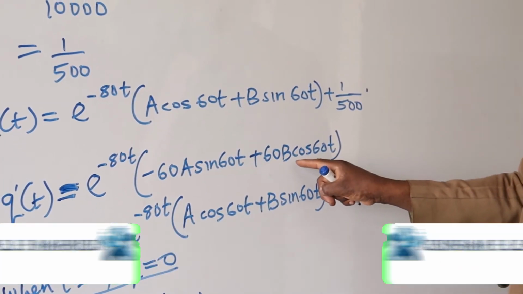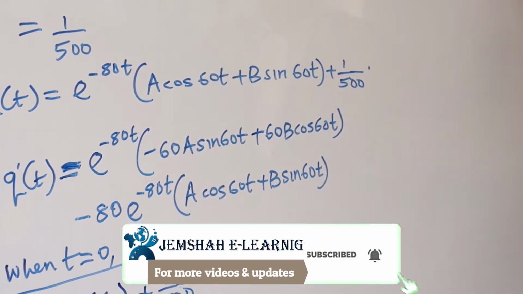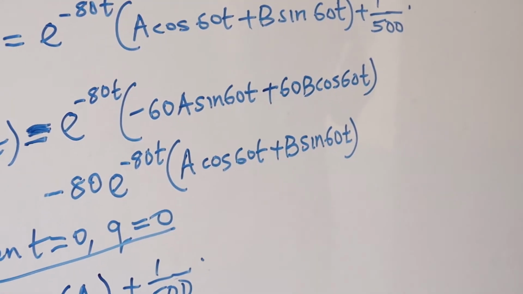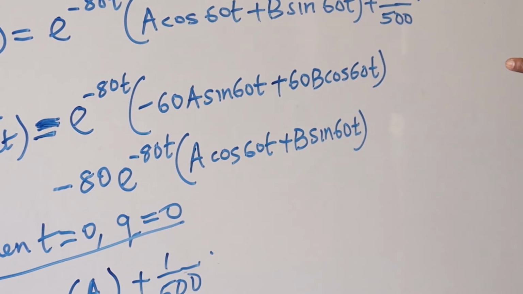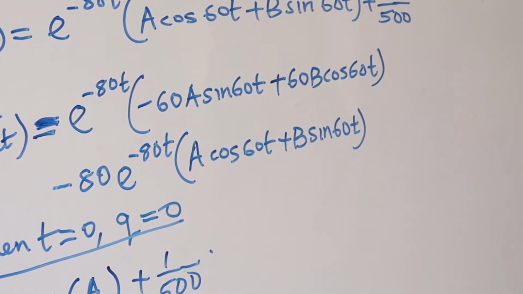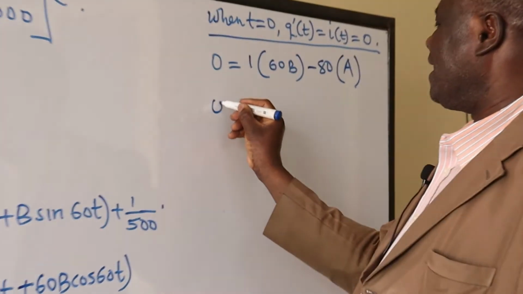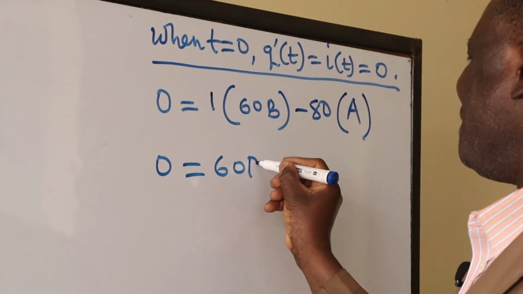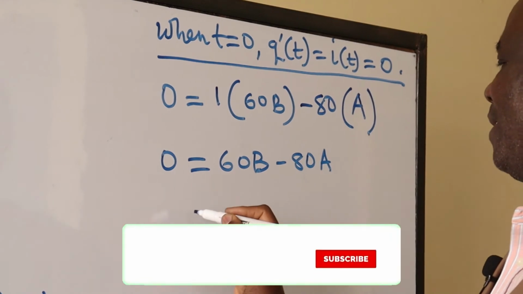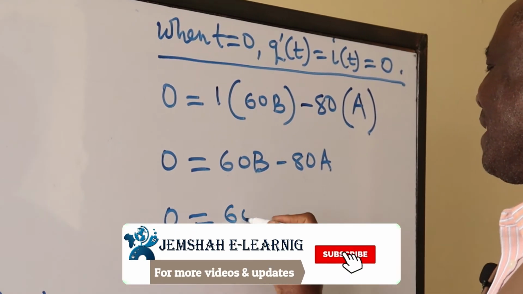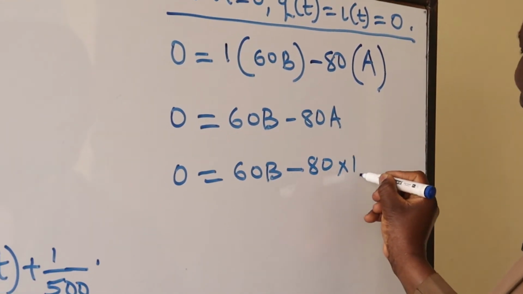This one will be 0, this one will be 60b. Minus 80 e power that, it is minus 80 into a. So we say 0 is equal to 60b minus 80a, which is 0 is equal to 60b minus 80 times 1 all over 500.